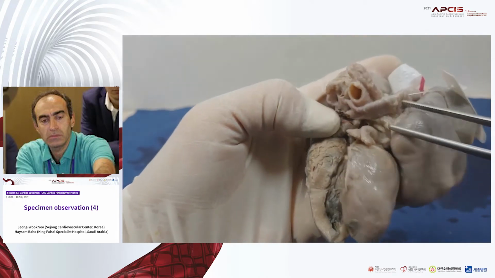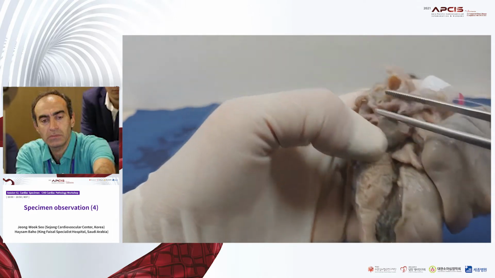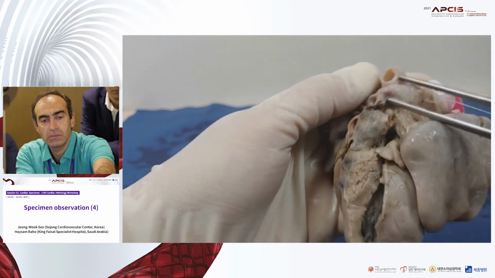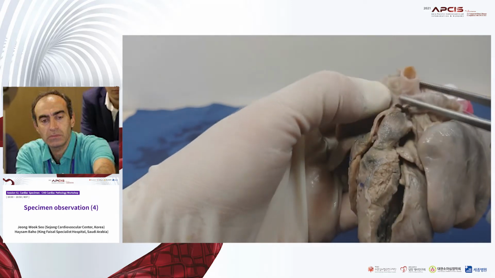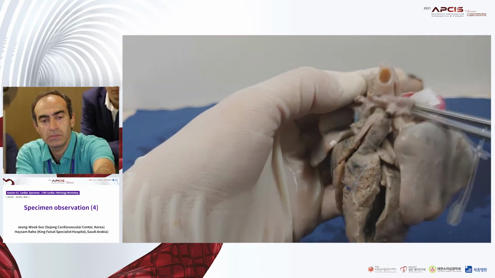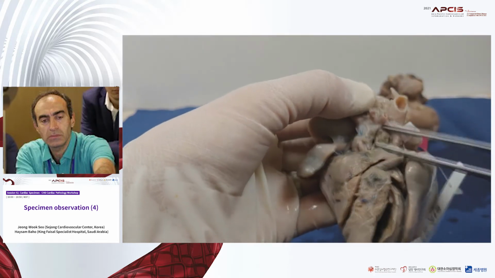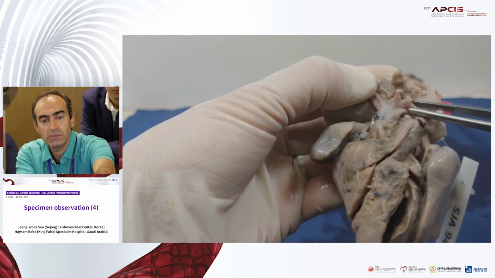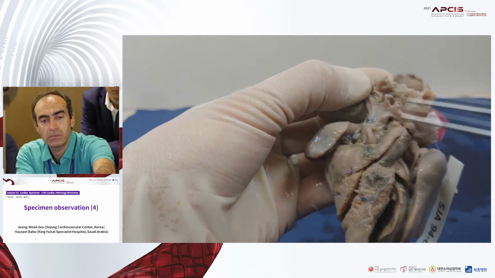Also in this specimen, we see that the ascending aorta is slightly hypoplastic, but more so the isthmus. If we look at the isthmus, look at the size of the pulmonary artery compared to the size of the ascending aorta here. It is much larger, and the isthmus area is very hypoplastic.